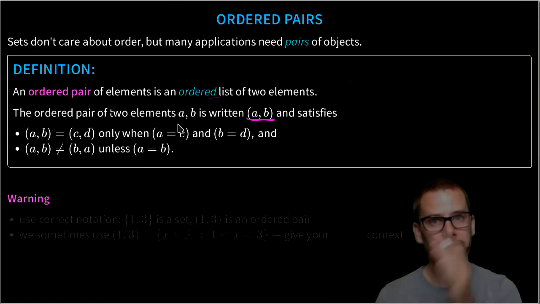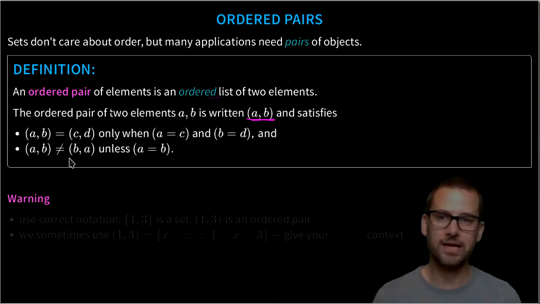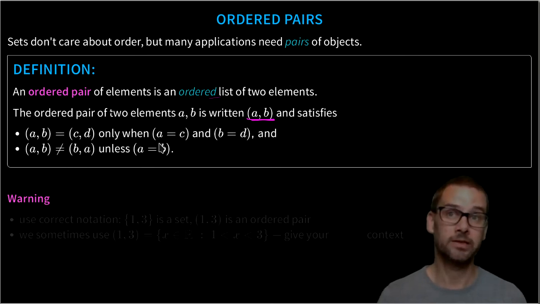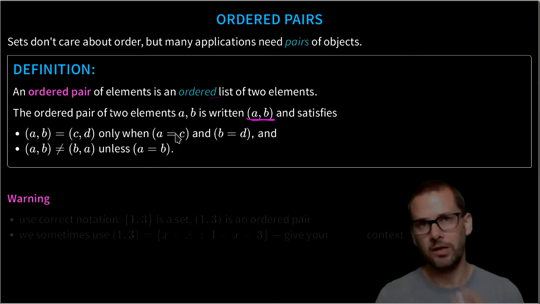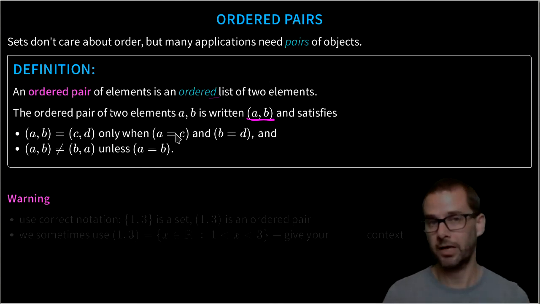Okay? So the first things have to agree and the second things have to agree. Additionally, (A, B) is not the same as (B, A) unless A and B happen to be the same object. Okay, so this gives us a notion of order. We have a first thing and a second thing. And we'll need this for a bunch of applications, including functions. You've already seen it in context like Cartesian coordinates.